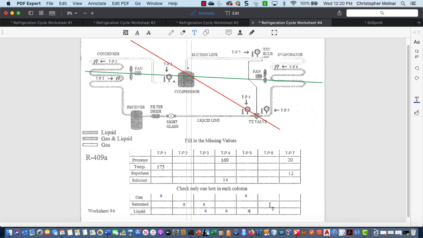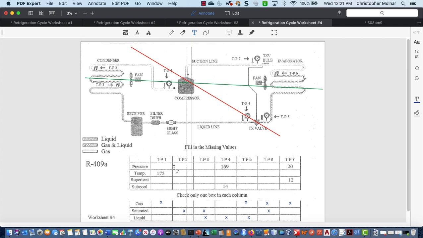I hate using saturated for it because you really need to know it is really a low pressure liquid that is flashing off right away. TP6, depending on exactly where that arrow is, it is either saturated or gas. And TP7 better be a gas. We do not want liquid under any circumstances coming back to the compressor.